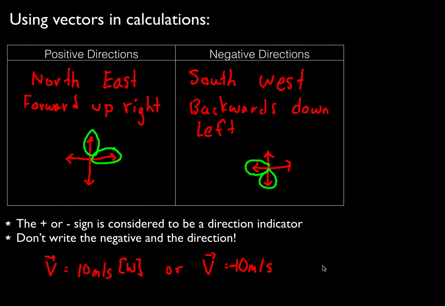Don't write the negative and the west. Negative west means east. The plus or minus sign is considered to be a direction indicator itself, so you don't actually have to write the direction. The negative is the direction. If you write negative and a direction, you end up flipping your direction, and your answer doesn't mean what you think it means.